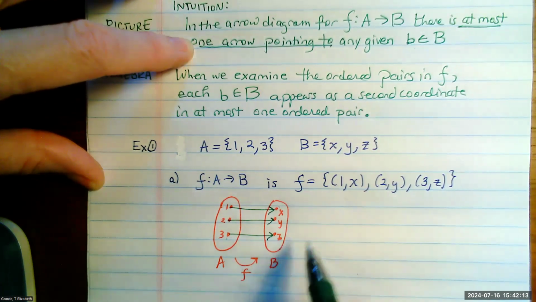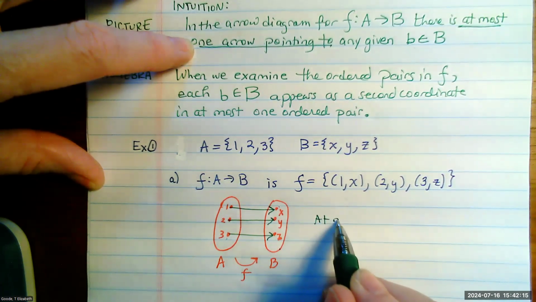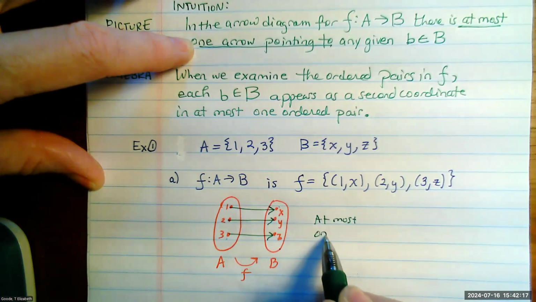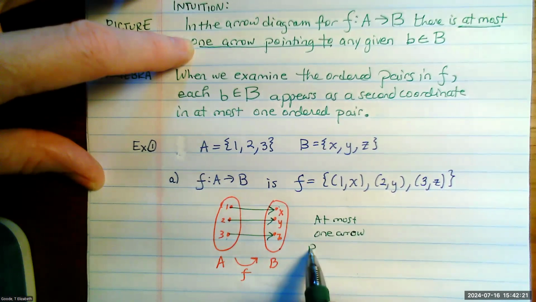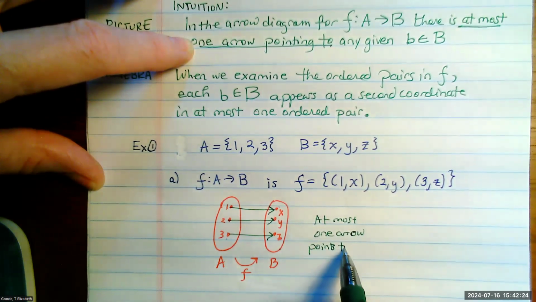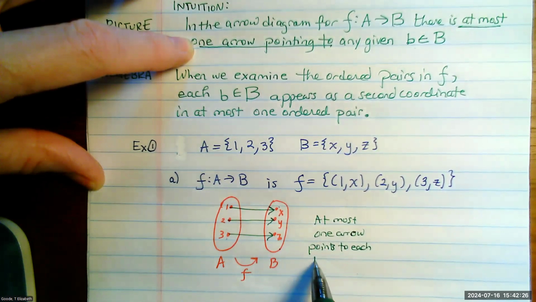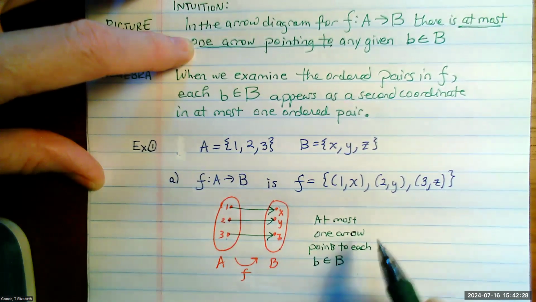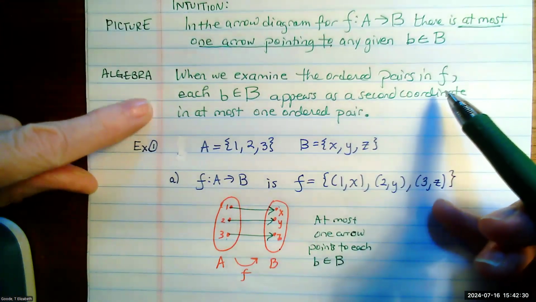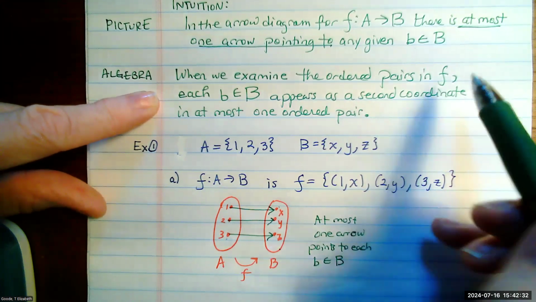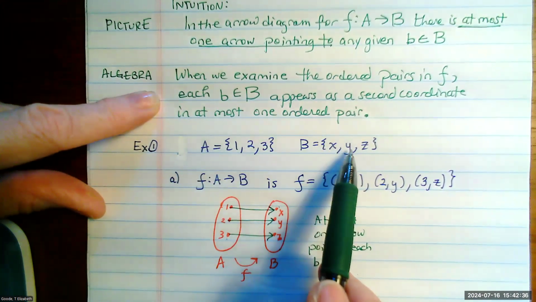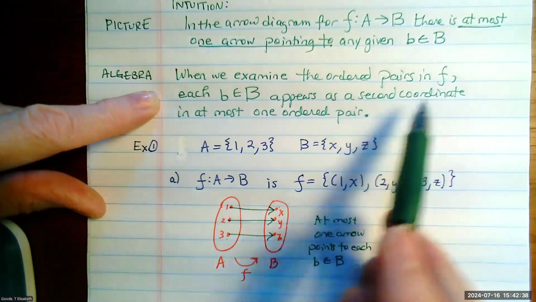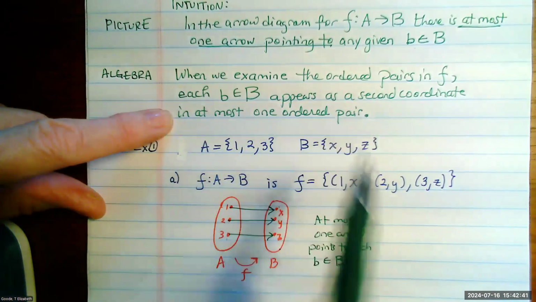Okay, now, at most 1 arrow points to each element little b in B. But if you want to think about the intuition from the algebra point of view, each element little b in B, we're talking about x and y and z, appears as a second coordinate in at most 1 ordered pair.